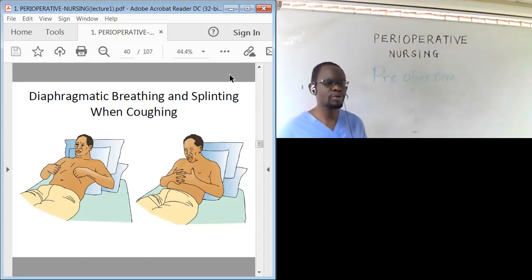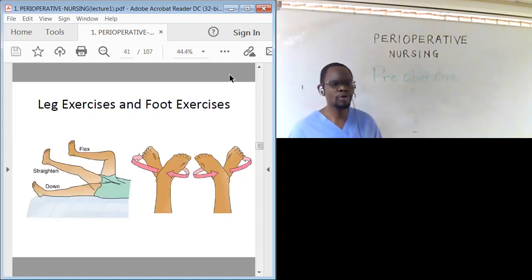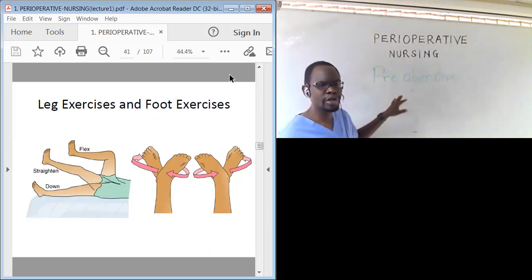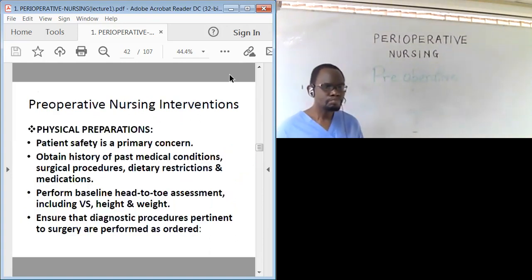And then the leg exercises, of course, these are very important especially for those patients, to prevent deep vein thrombosis. So those leg exercises are very, very important to teach to these patients before operation.